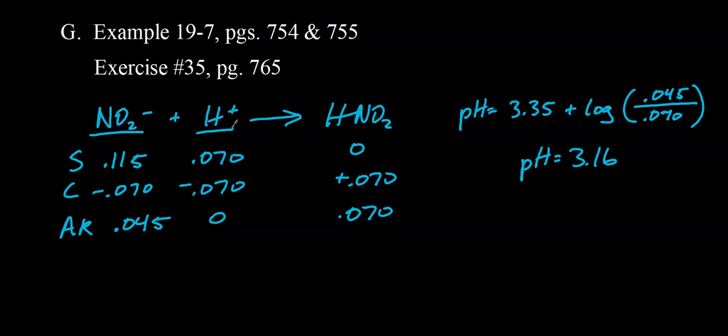These are moles. It's a 1 liter solution, so that's also our concentration. And then I use Henderson-Hasselbalch: the pKa of nitrous acid, 3.35, plus the log of, be careful to put these numbers in the right order, conjugate base, 0.045 molar, over the concentration of the acid, 0.070 molar, and we get a pH of 3.16.